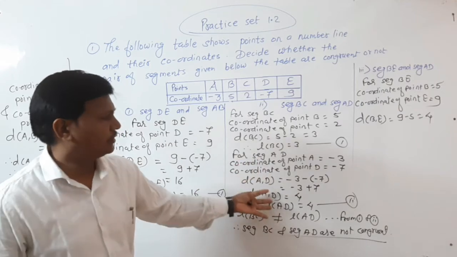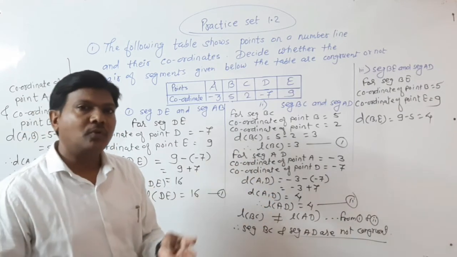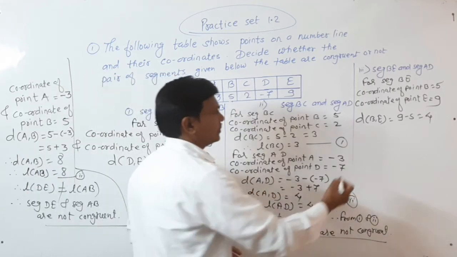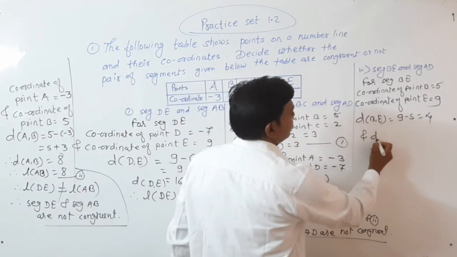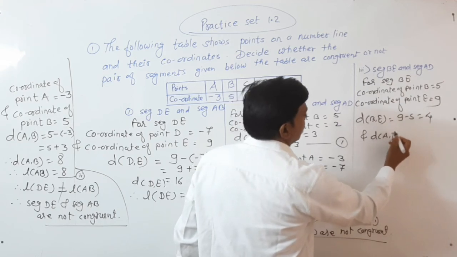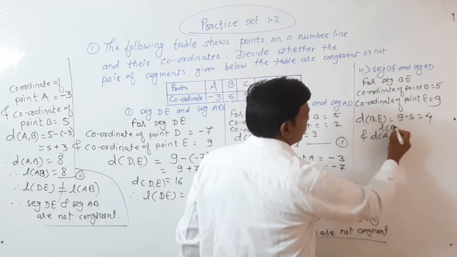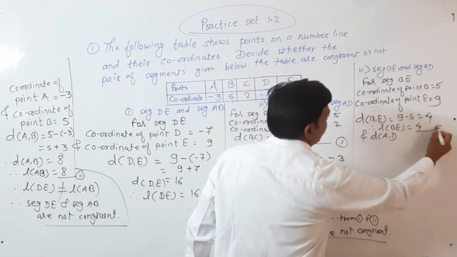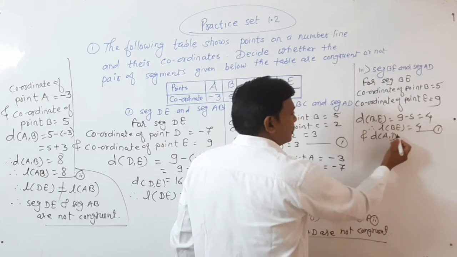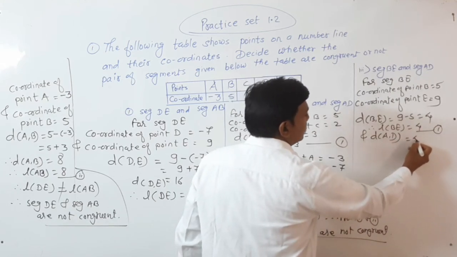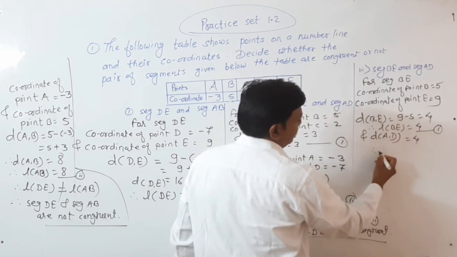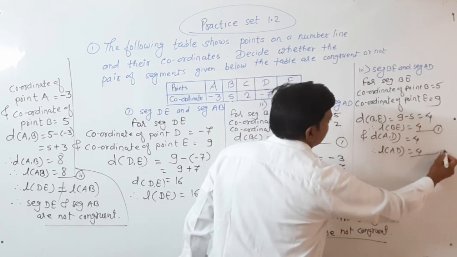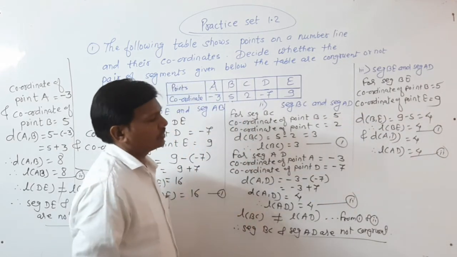If you want to write each and every step, no problem. Here the steps for AD are shown. If you want to write, then write it completely, or directly write distance AD. Here it is length. So length BE equal to 4, and this distance AD is 4, that is length AD equal to 4. Here we write all these steps.